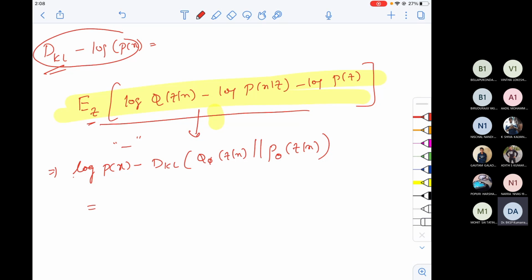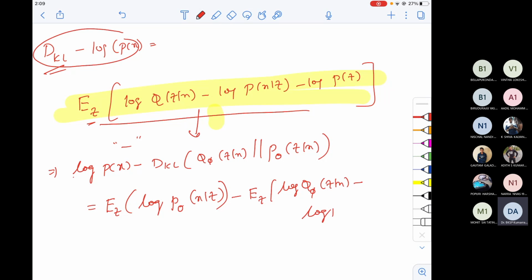Now let me also apply the minus sign on the RHS part. Then it will be Ez log P theta x given z minus Ez log Q phi z given x minus log of P theta of z.